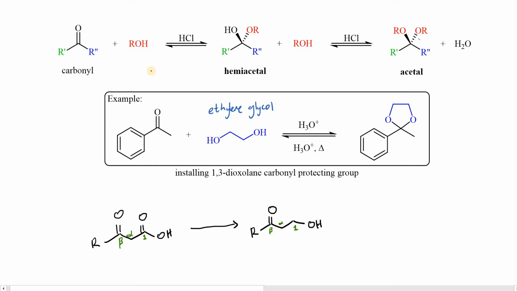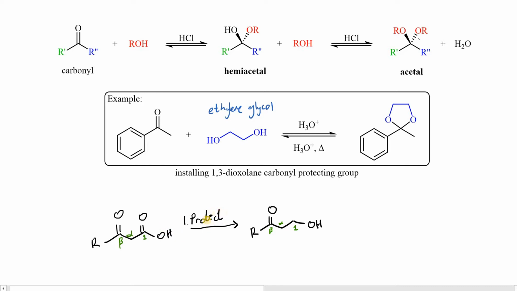Well, this is a reduction, where we're reducing the carboxylic acid all the way down to the alcohol. Well, what do we do? We need to preserve the carbonyl so that it's in our product, but we need to use some sort of strong enough reagent to reduce the carboxylic acid. This is where the protecting group comes in. We can add in ethylene glycol. Let's just write protect.